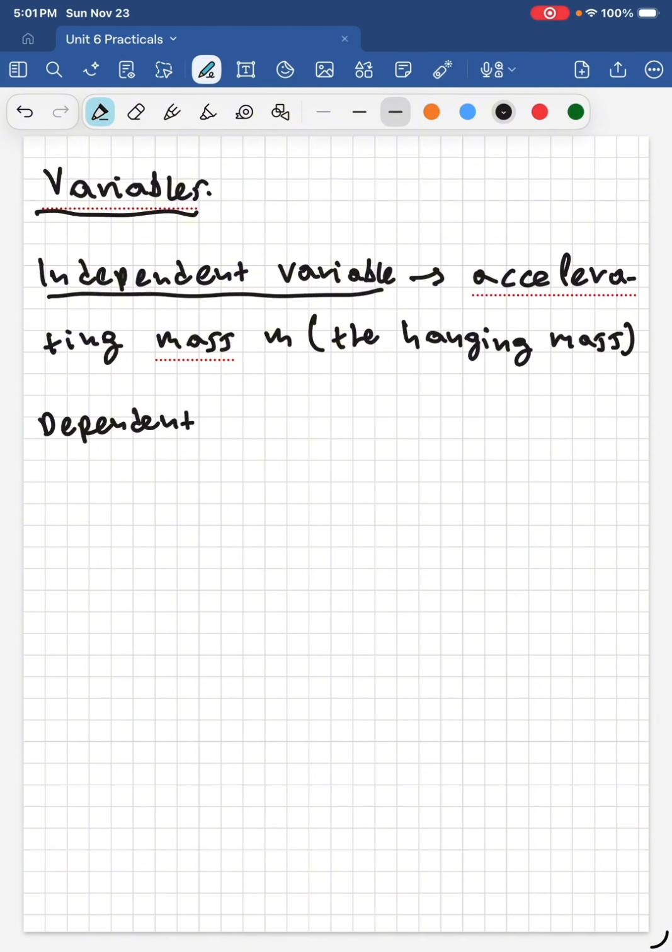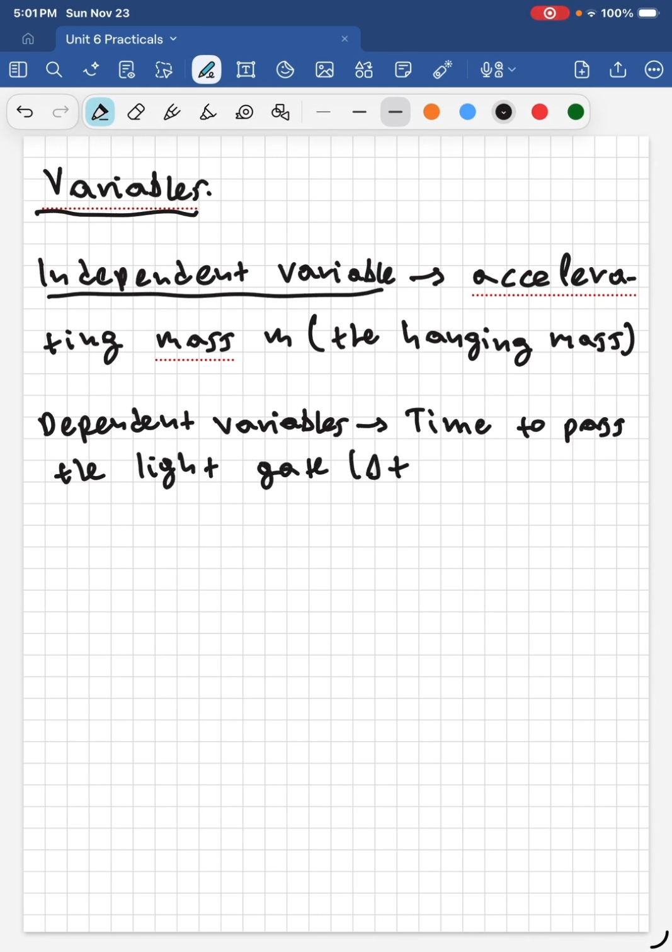Dependent variables are the time to pass the light gate, which is what I call delta t2.